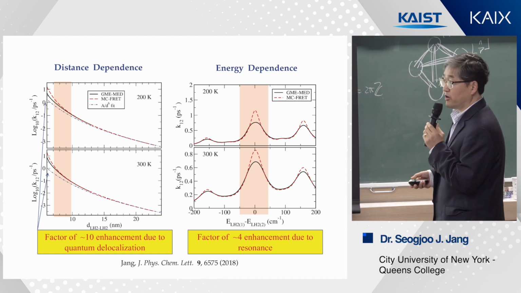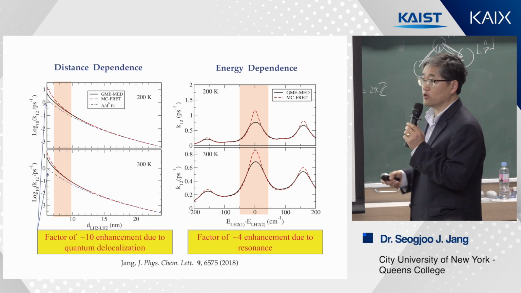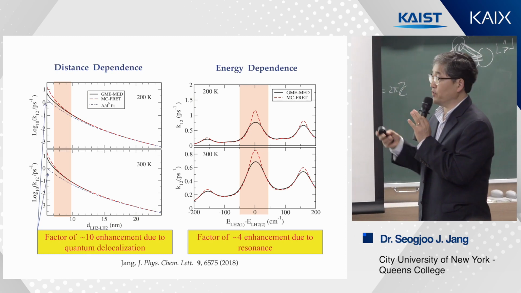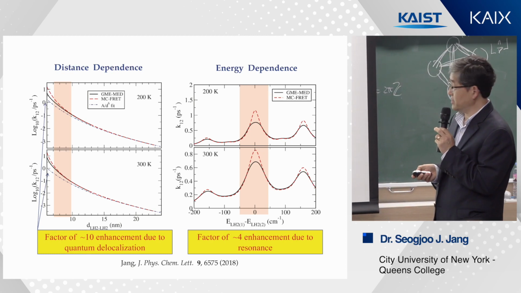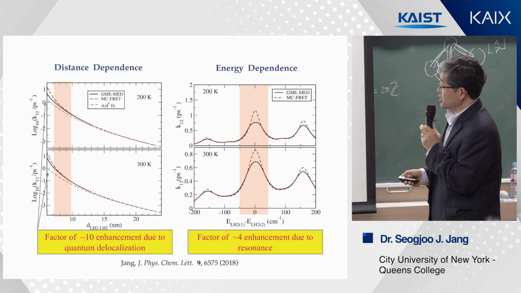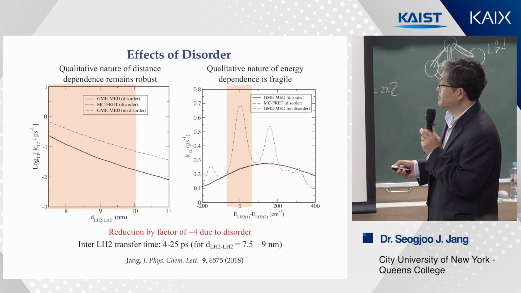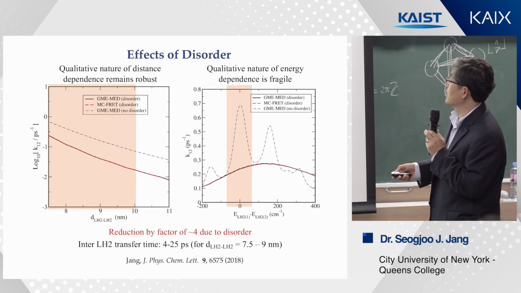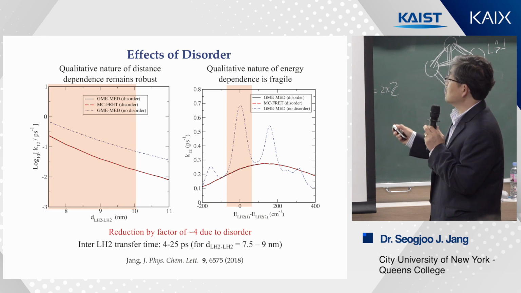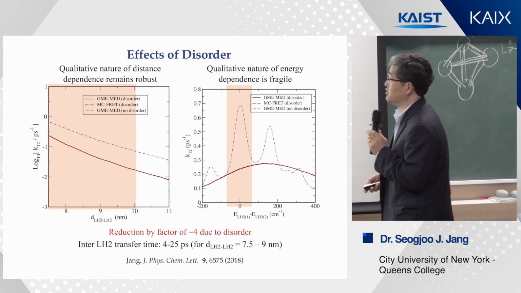Also, interestingly, there is some kind of resonance enhancement when the two LH2 complexes are close to each other in their energy. The actual physical distance in natural environment is marked in this region, and these are the actual energy ranges of the two LH2 complexes that are typically observed in natural environment.